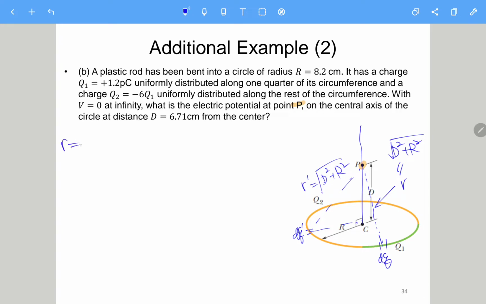So r equals the square root of d square plus r square, which is 8.2 square plus 6.71 square, and then take the square root of the whole term, which is 10.6 centimeter.